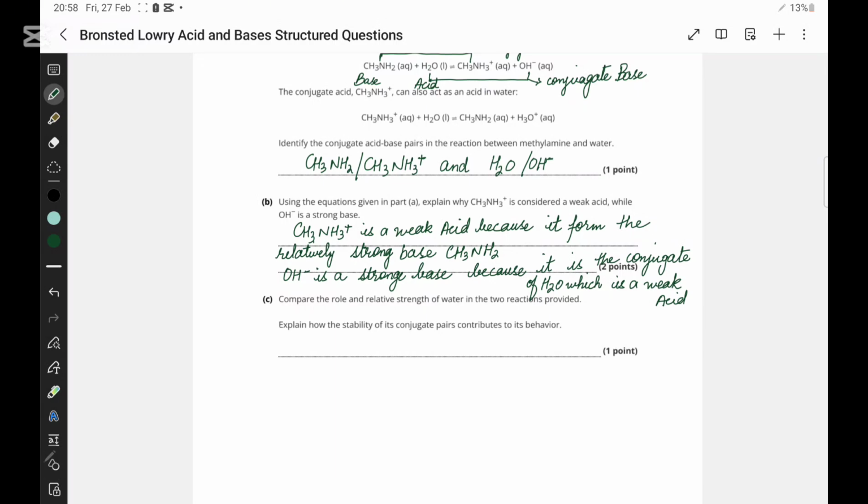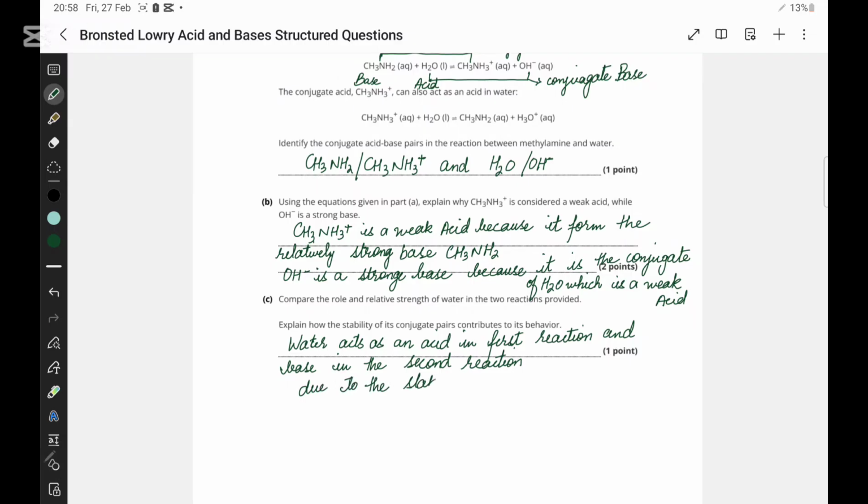So water basically acts as an acid in the first reaction because it donates the proton, and as a base in the second reaction, due to the stability of its conjugate pairs.